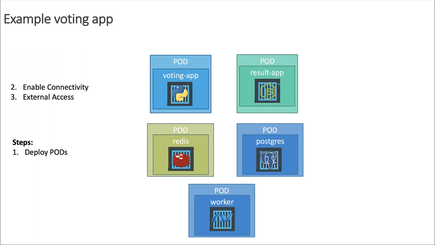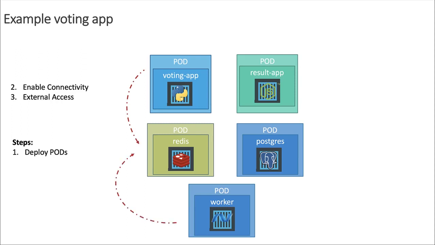So once the pods are deployed, the next step is to enable connectivity between the services. So it's important to know what the connectivity requirements are. So we must be very clear about what application requires access to what services. We know that the Redis database is accessed by the voting app and the worker app.